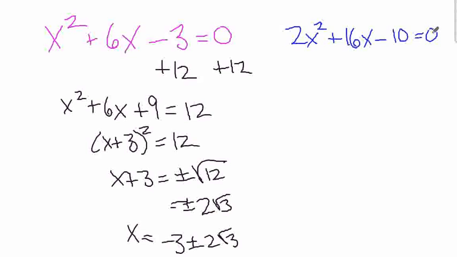Now, because you have a 0 on the right side, and because you can multiply or divide 0 by anything and you'll still get 0, except for division by 0, let's just get rid of the coefficient in front of the x squared with a division. In this case, we have a 2 in front of the x squared, so divide everything by 2. That's it. Problem solved. See that?